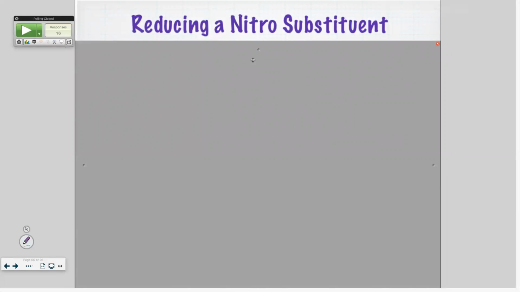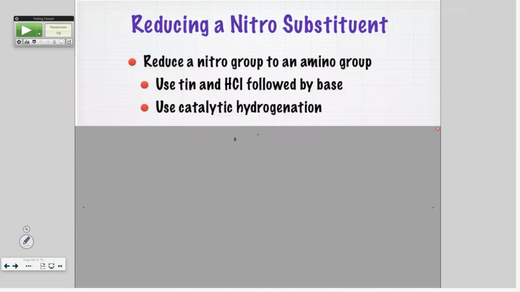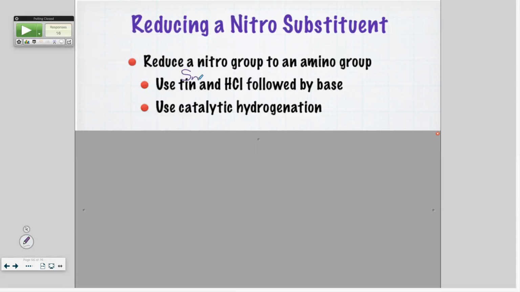To reduce a nitro substituent, you can reduce it to an amino group by using tin and HCl followed by base. What is tin on the periodic table? Sn. I don't ask those questions very often.